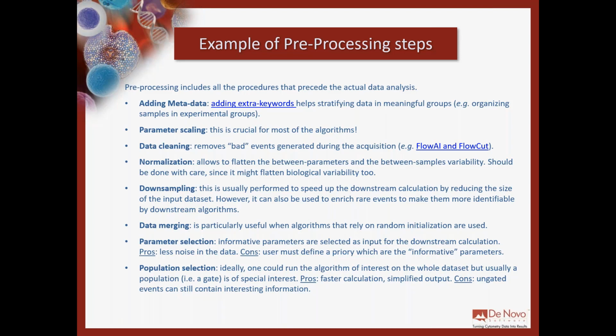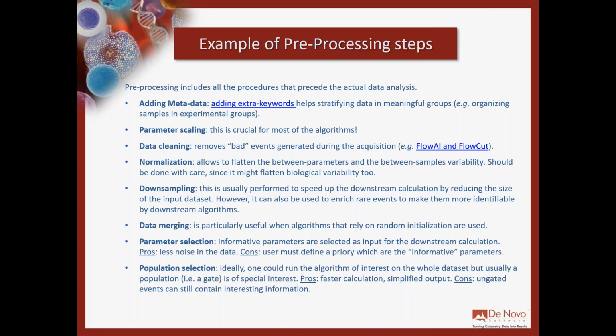Normalization. Normalization is a way in which you can somehow align your samples or align parameters to make them more comparable. The crucial point is how you want to align them, and we will see this tomorrow. So do you want to align them based on the mean, based on the minimum, based on the maximum? There is not a best way.